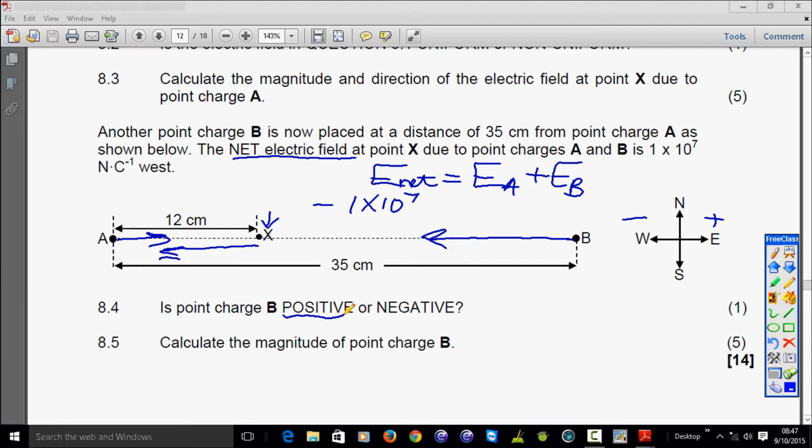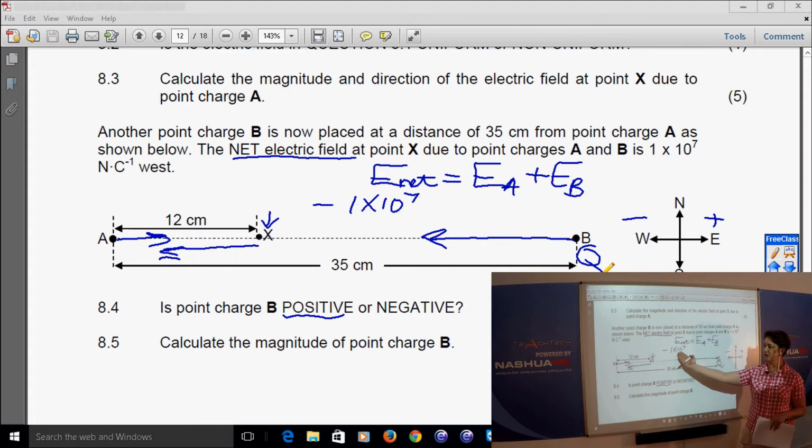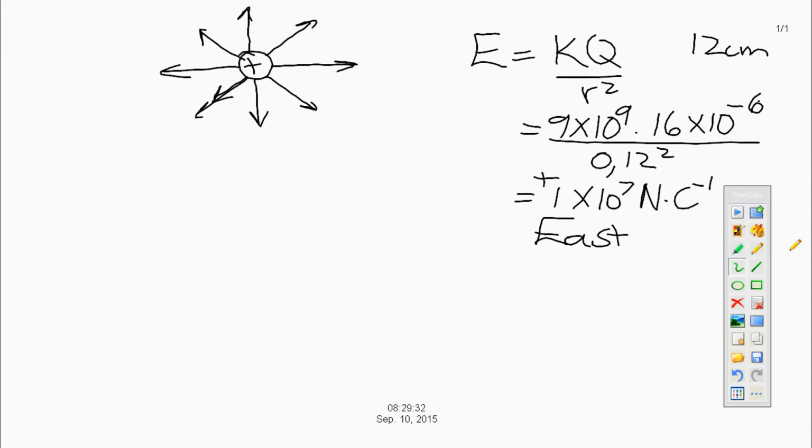Then the next question asks us to calculate the magnitude of the point charge B. So now we are looking at Q. And if we look at the information we have net field. Then we already calculated the field of A. And we need to get this B field before we can get the charge. So we will be starting with this one. Calculate the electric field of B and then calculate Q. Right.